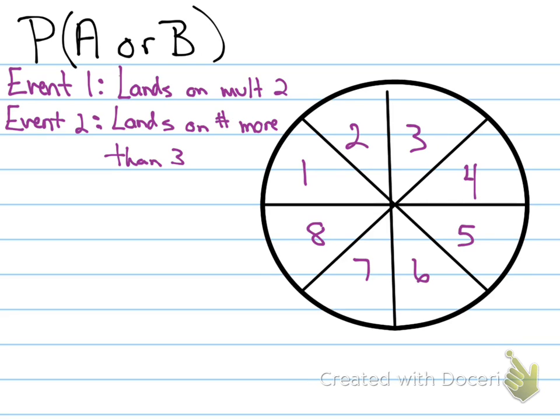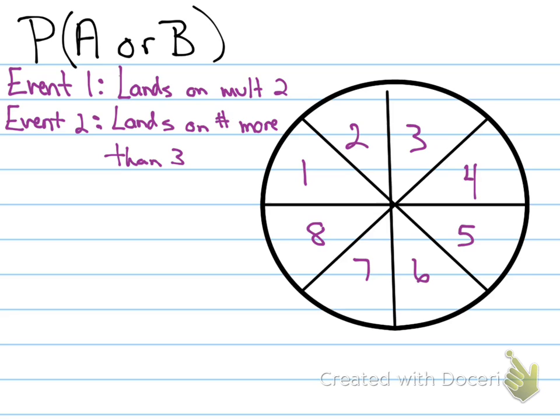So the first thing you have to decide is, are these events disjoint or overlapping? What do you think? Overlapping. Are there any numbers on the spinner that would be a multiple of 2 and greater than 3? Yeah, so these events are overlapping.